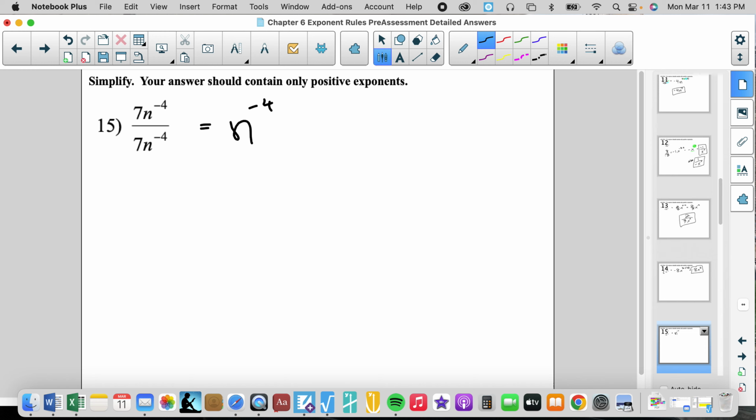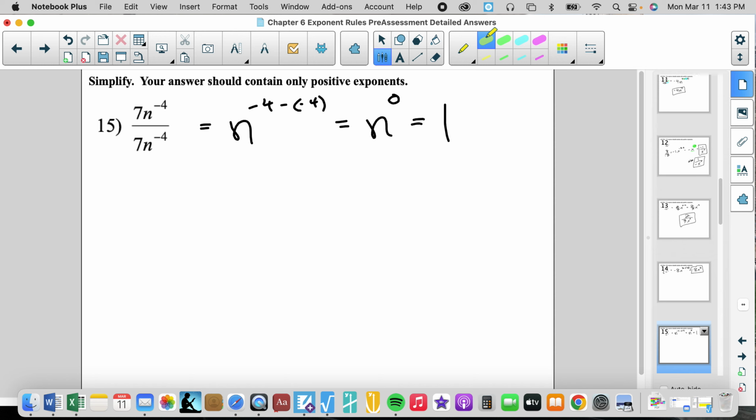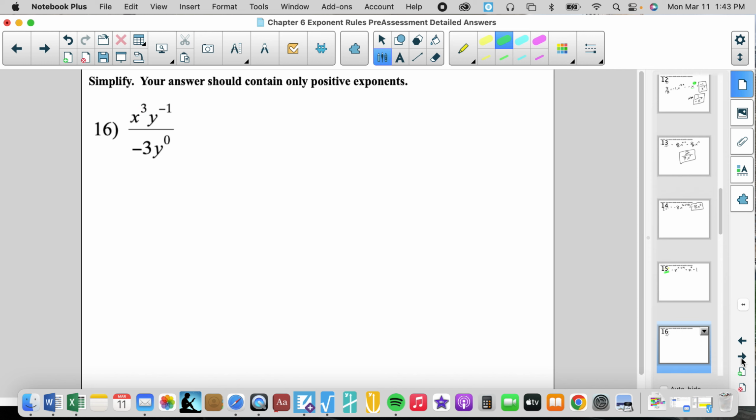N to the -4 minus -4, which equals n to the 0, which equals 1. Let's look at this. Just looking at this problem, you should notice that those are identical. So anything over itself is going to equal 1. So that's a pretty straightforward problem also.